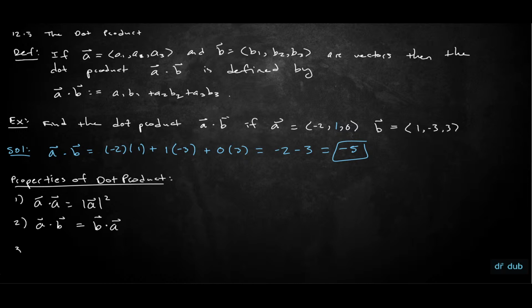Number 3, a constant gamma times A dotted with B is the same as keeping the constant outside and doing the dot product of A and B first. Next property is the 0 vector dotted with A. It's just going to be the 0 scalar.